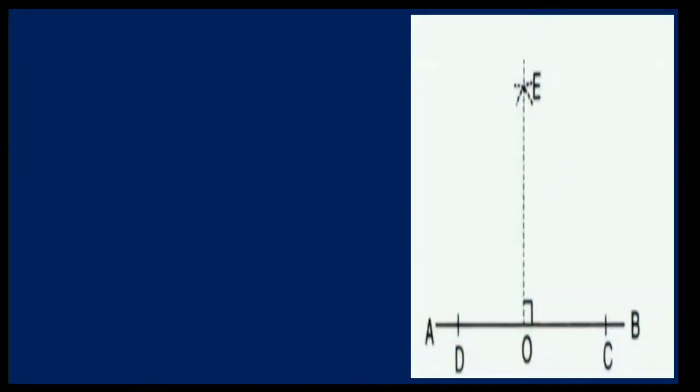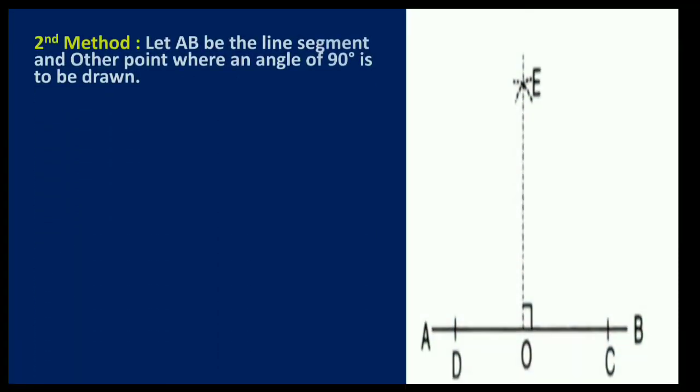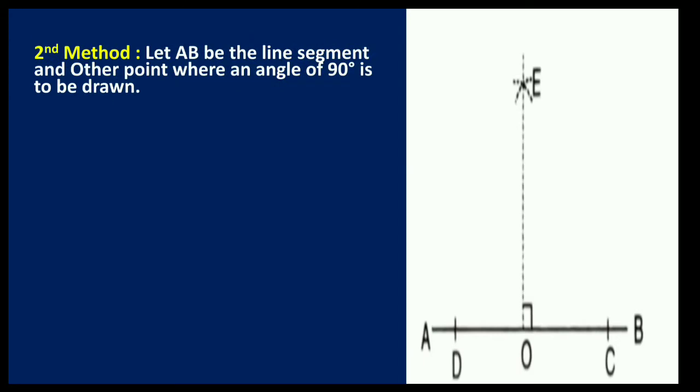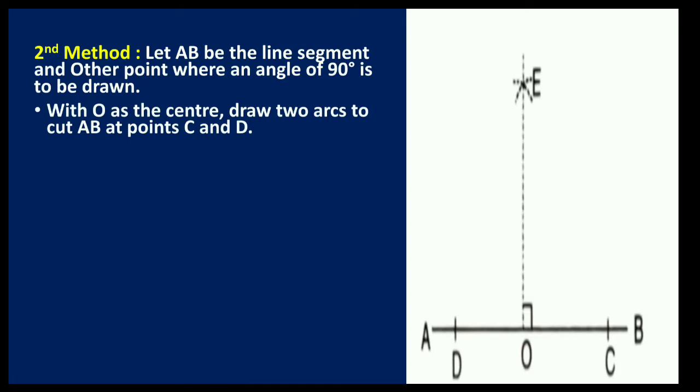Now we will learn the second method to construct 90 degree. The second method is, let AB be the line segment and O the point where an angle of 90 degree is to be drawn. Now with O as the center, so if you have taken say 6 centimeters, the center will automatically be 3. So where you measure 3 with your scale, that is O, the center.